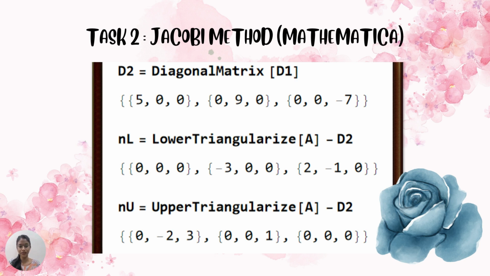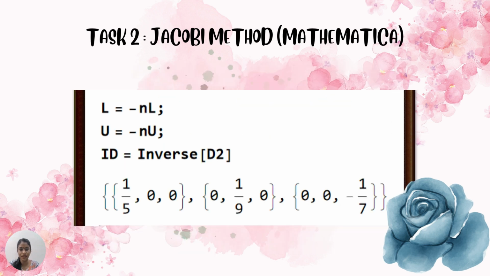The third one, I wrote the same command to obtain the upper triangular part of matrix A, and again I subtracted D2 to obtain the strictly upper triangular part of matrix A. So here you can see that L is equivalent to the negative of the lower triangular matrix, and U is equivalent to the negative of the upper triangular matrix.